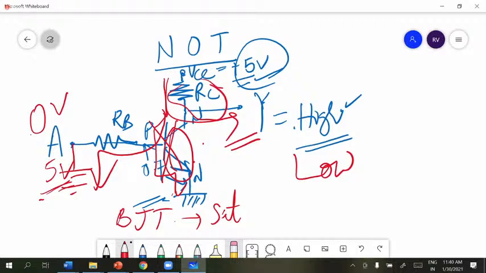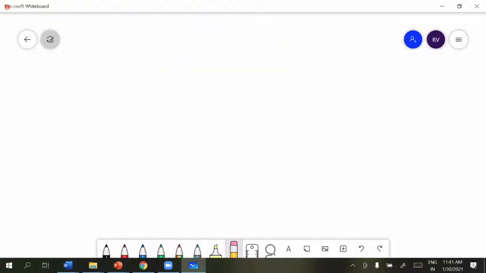Suppose it is high voltage, the transistor is in saturation, on condition, then it creates a path for the current flow. The current is flowing to the ground, so therefore the output goes low. These two conditions you have to remember. So this is the truth table of Y is equal to A complement.